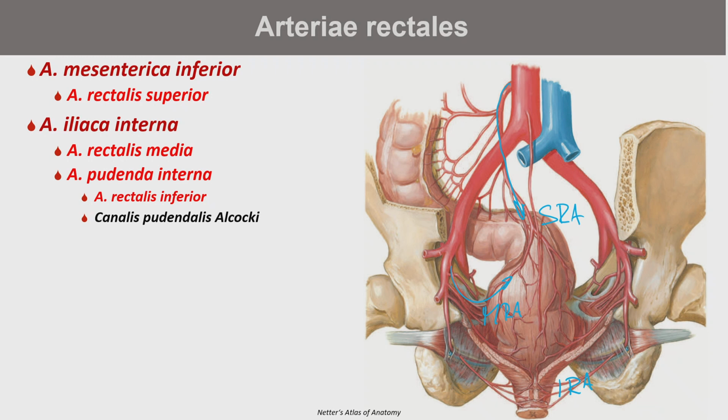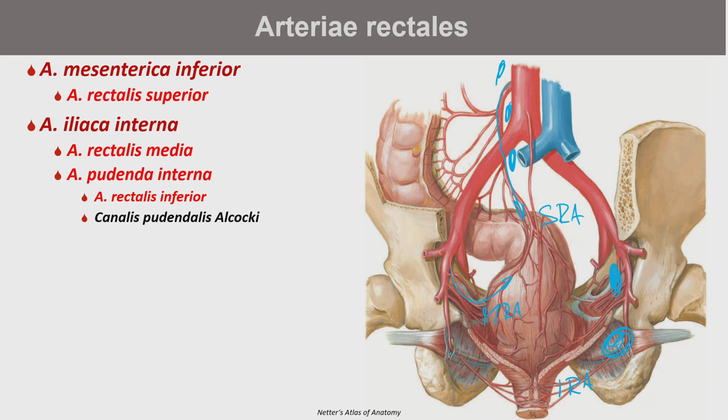So then, the way of dissemination of diseases of a rectum, especially carcinoma, could be to the obturator, here, lymph nodes, internal lymph nodes, but lymph nodes along also inferior mesenteric artery.